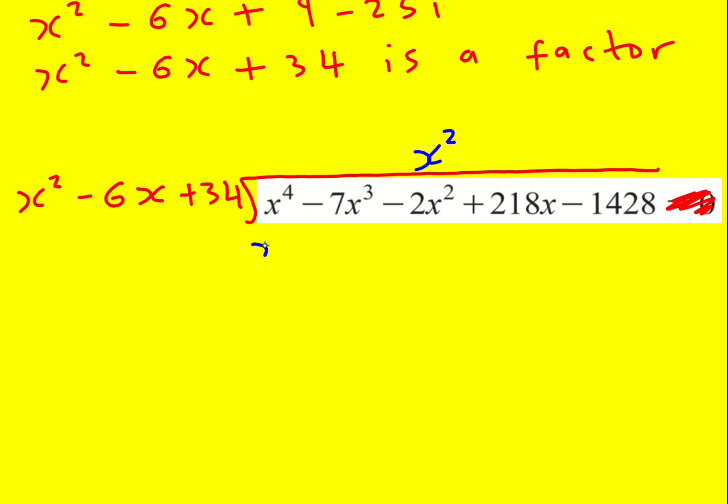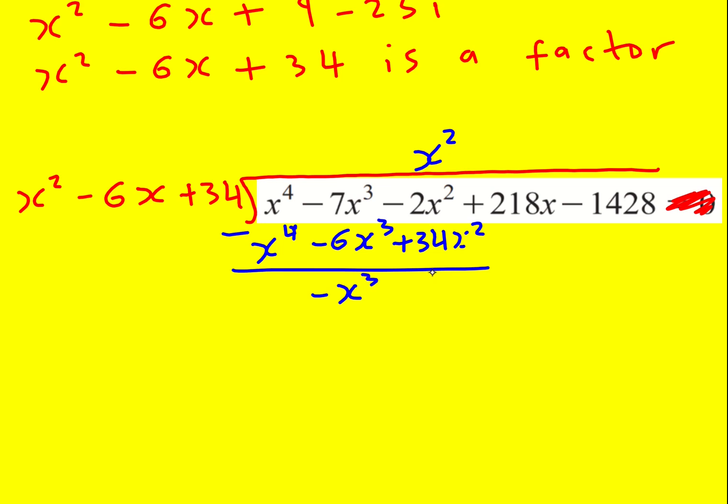I multiply back through. Subtract. That's going to give me minus x cubed minus 36x squared.